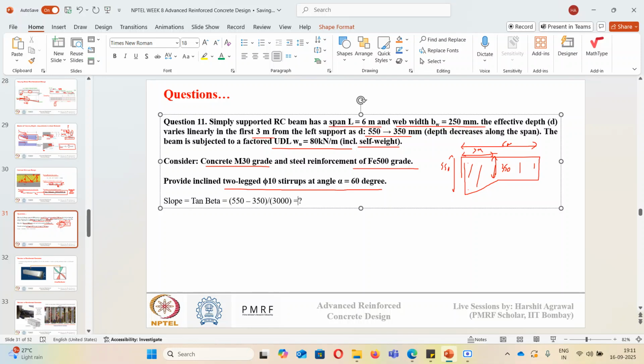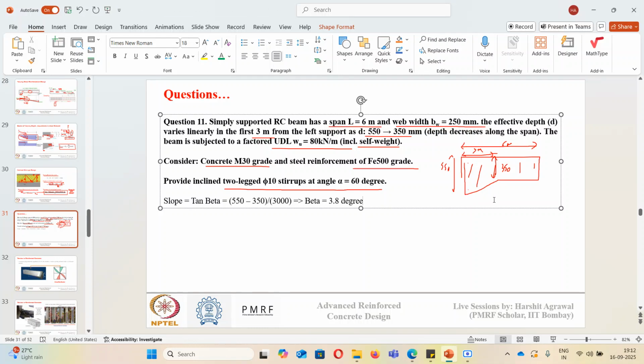When you solve this, your angle beta comes out to be 3.8 degrees. So the depth is decreasing at an angle of 3.8 degrees.